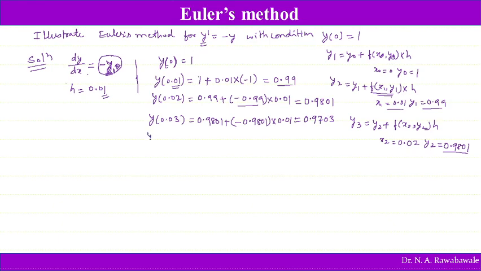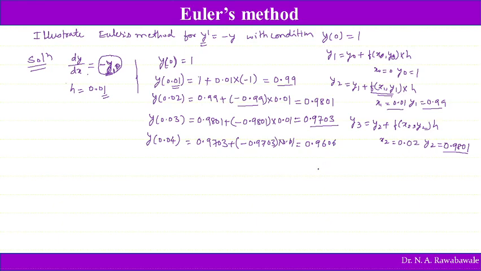And y(0.04). If we take one more step of h value, this is 0.9703 plus minus 0.9703 into 0.01. So this is going to be 0.9606.